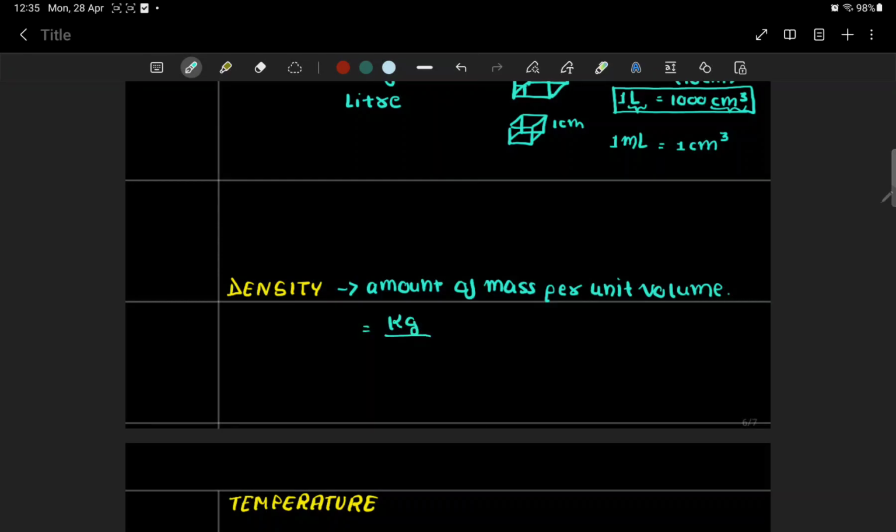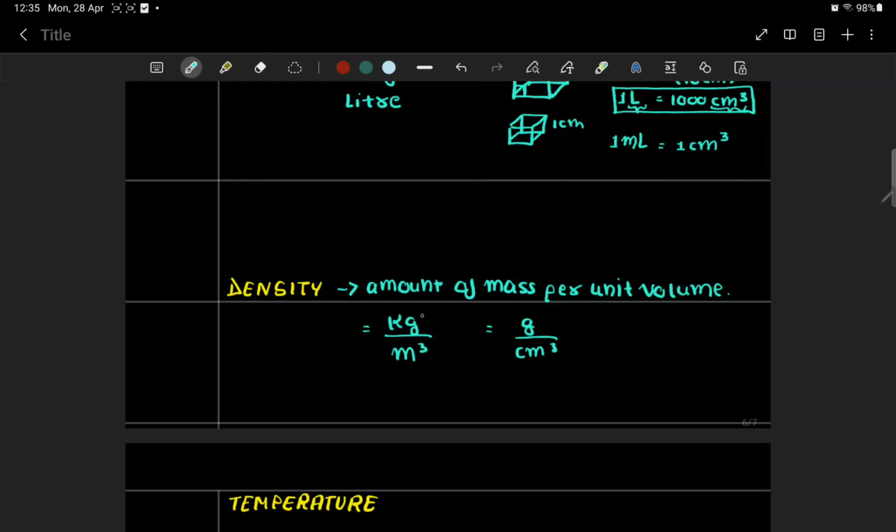Kg per meter cube. But in lab we don't use kilogram and meter, so it's going to be gram per centimeter cube. This is just based on definition.